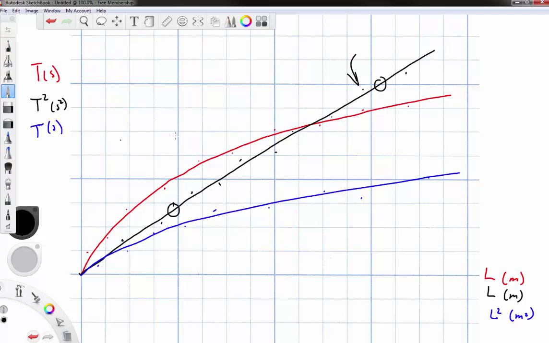In any case, you can find the slope using basically the rise divided by the run. The run actually is the horizontal distance, so probably it would be better if I drew the run more like this and the rise more like this. But it's this distance over this distance, keeping in mind that you are using a scale here.